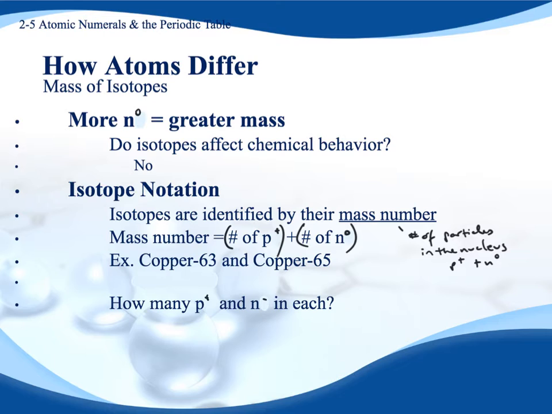How we say these is, we say copper 63, or we write it out like this. There's also an isotope notation, which you'll see on the next slide. But you'll read these as copper 63 or copper 65. That means this version of copper has 63 as its mass number, and this version has 65 as its mass number.